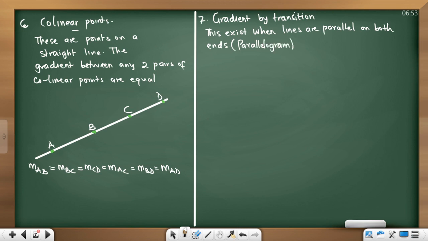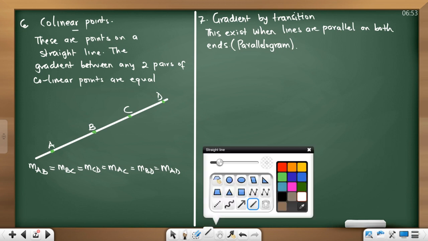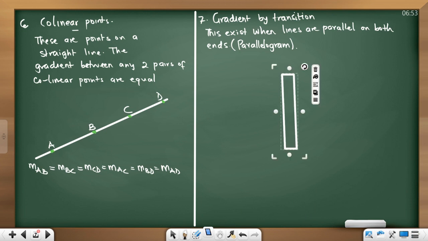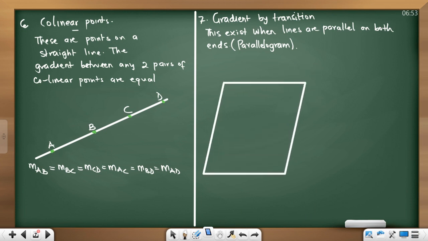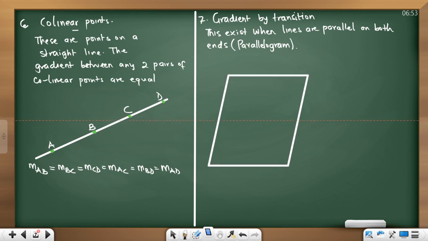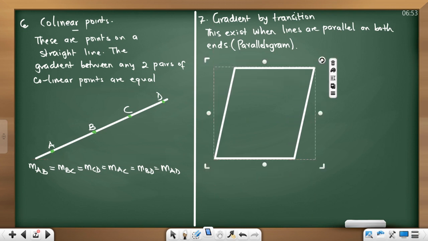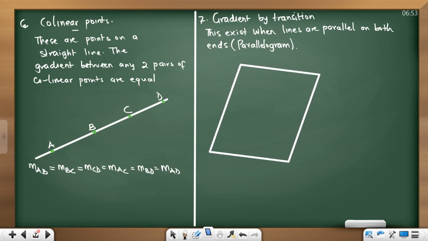I'd like you to please listen to this part very carefully. We're looking at a parallelogram, and I'll be dealing with the transition. Let me draw a quick parallelogram for us.